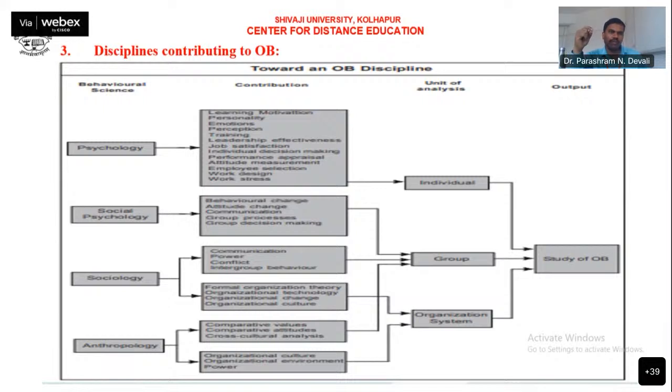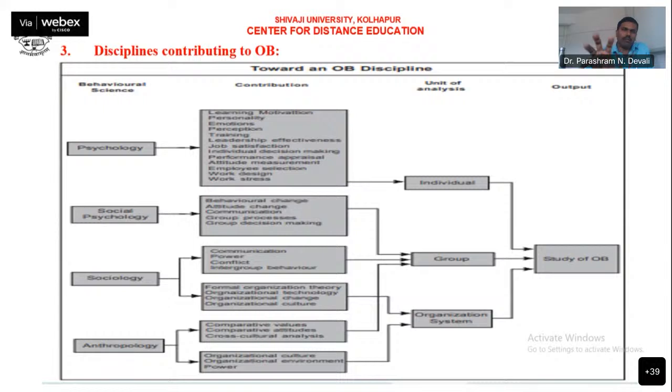In psychology, we want to understand learning ability, motivation is required, personality is there, emotion we want to manage, we want to take care of the emotion of people, different perception is there, we want to provide training to our employees, leadership effectiveness is there, job satisfaction is there, individual decision making is there, performance appraisal is there, attitude measurement is there, employee selection is there, work design is there, and work stress is there.